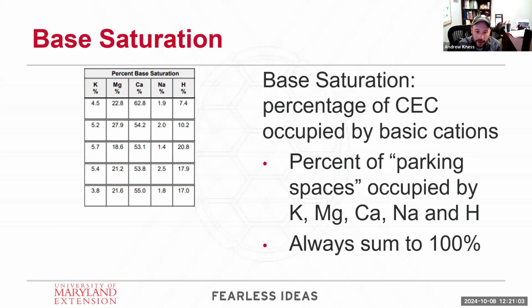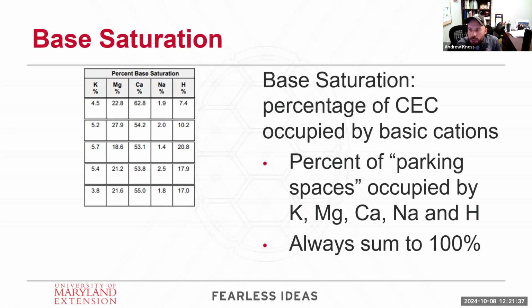The cations occupying those spaces that are measured are potassium, magnesium, calcium, sodium, and hydrogen. They're always going to sum to 100%. Most labs will report the individual numbers. I've seen some labs leave out hydrogen sometimes, but you can easily calculate that, because if you add up the other four and subtract that from 100, you get your hydrogen.